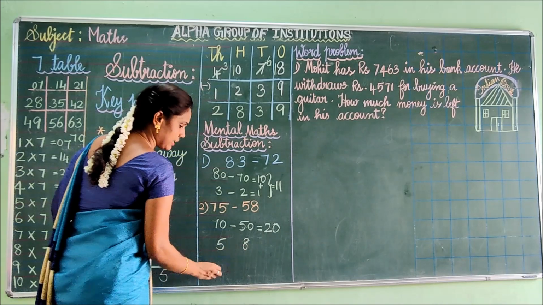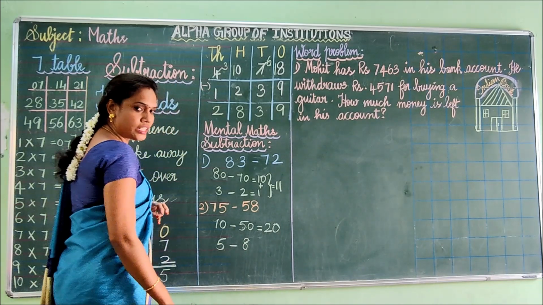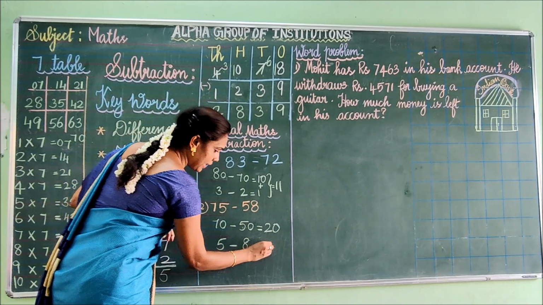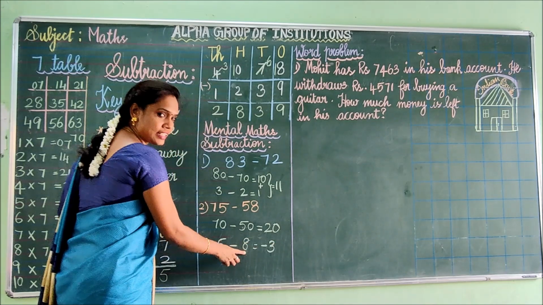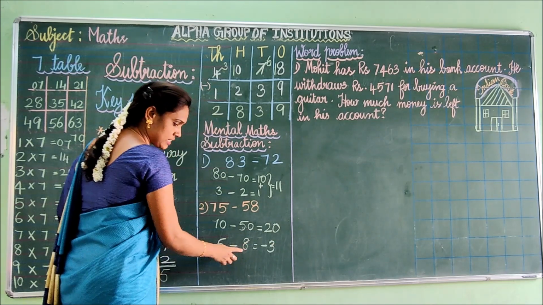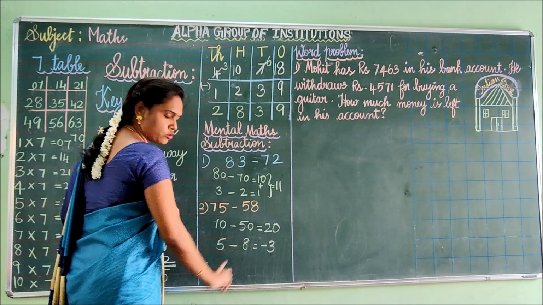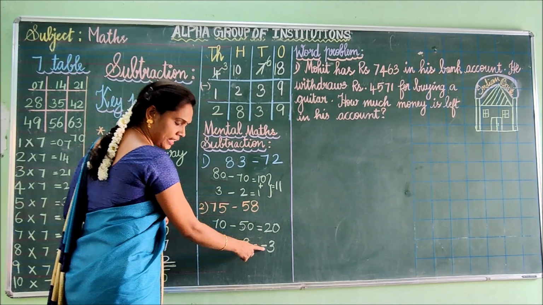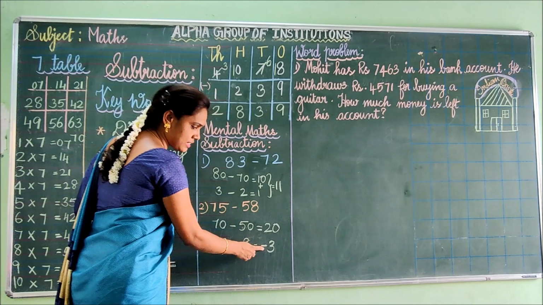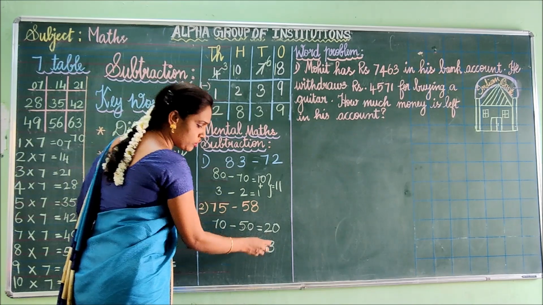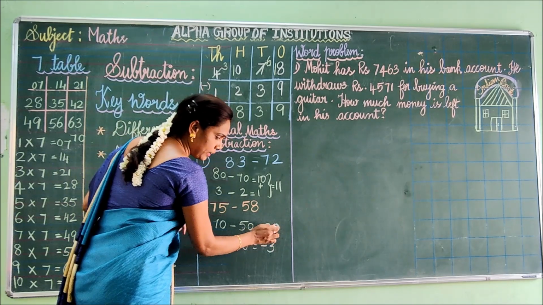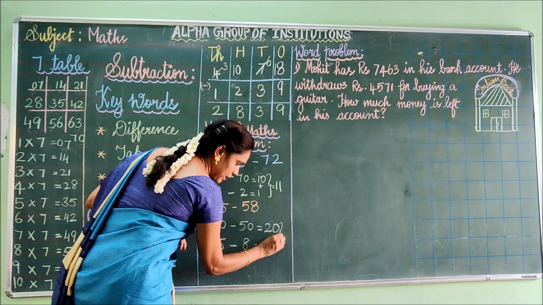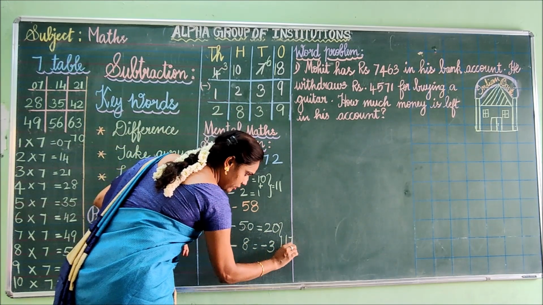Next, 5 minus 8. What is 5 minus 8? Yes, minus 3. The minus symbol you have to use at the end of the answer. So 5 minus 8 is minus 3. So here you have minus symbol, so instead of plus you have to subtract this 3. 20 minus 3 is 17.